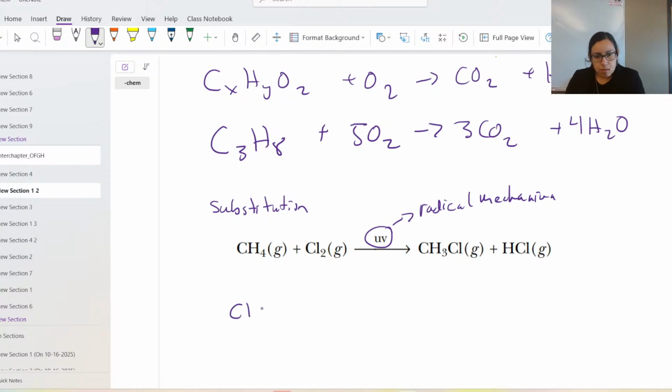And so that's how it initiates. So we have our chlorine gas, then we hit it with UV, and so then that splits this bond to create the chlorine radical, which then goes on to kick off one of our hydrogens, make HCl, and then make chloroform in this reaction. So again, just substituting out one of our hydrogens.